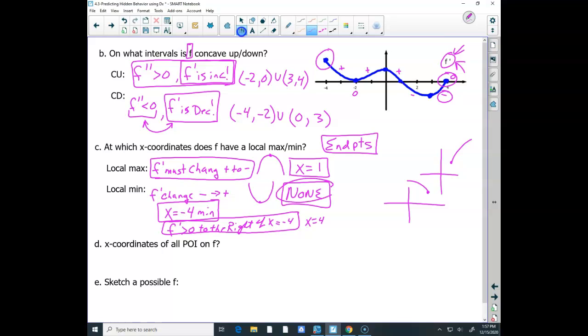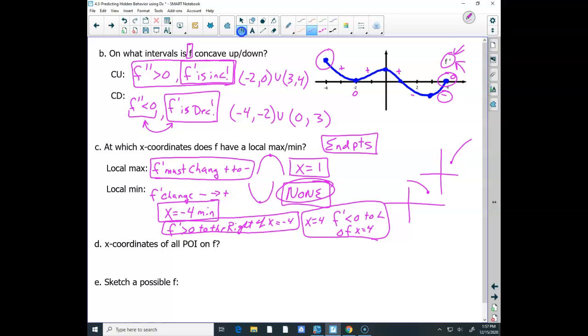I have none from changing from increasing to decreasing, but my endpoints are minimums. That's because f prime is less than 0 to the left of x equals 4. That's my justification why that's a maximum, or excuse me, a minimum.